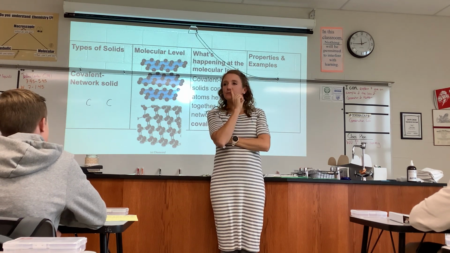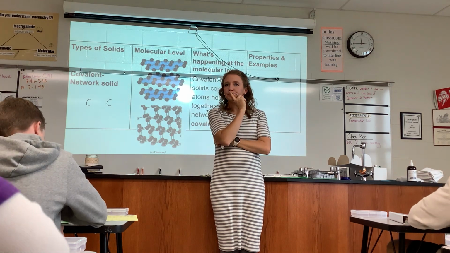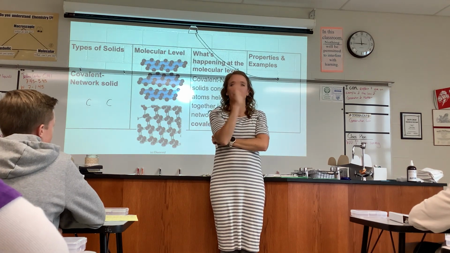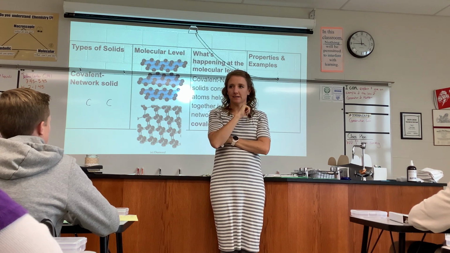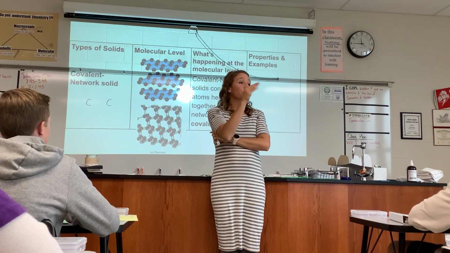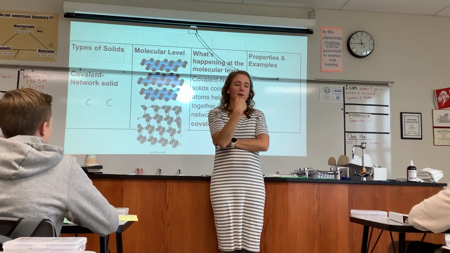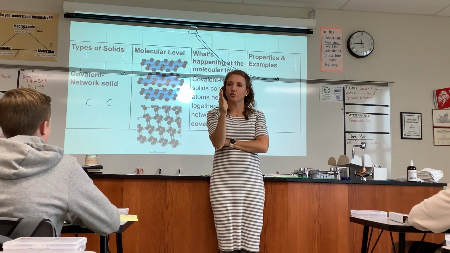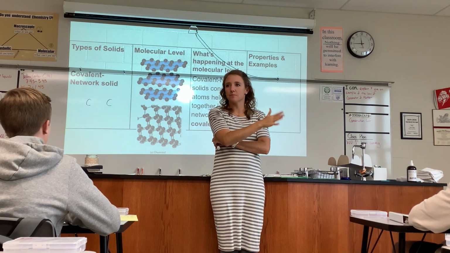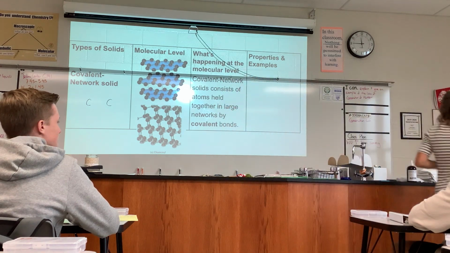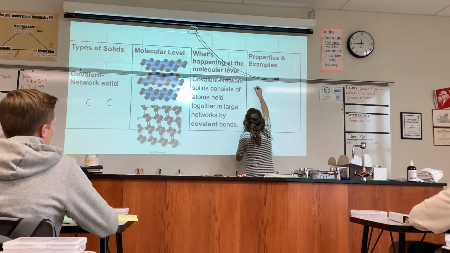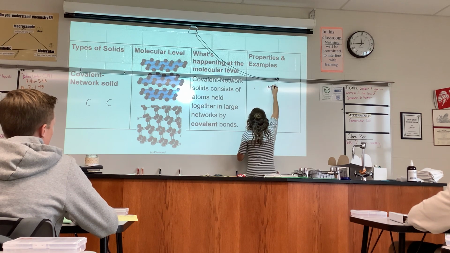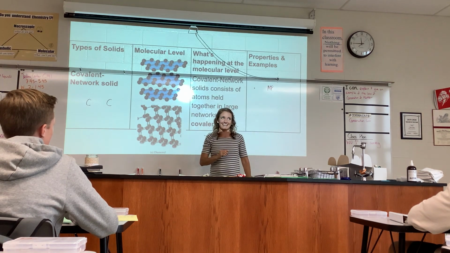Okay, here's what I want to do now. I don't want you to say these out loud. You're going to answer giving thumbs up or thumbs down. We're going to go through the properties of covalent network, and I want you to think, if that's its structure, what makes sense about its function? The first one is melting point.